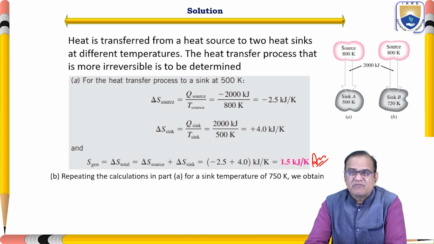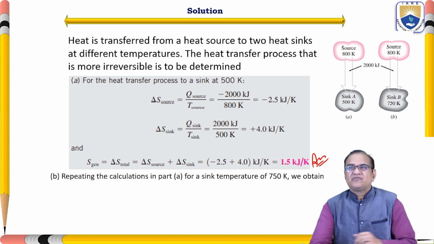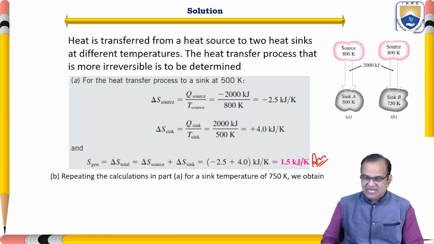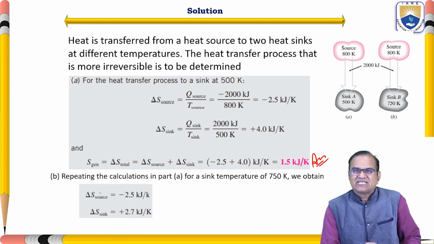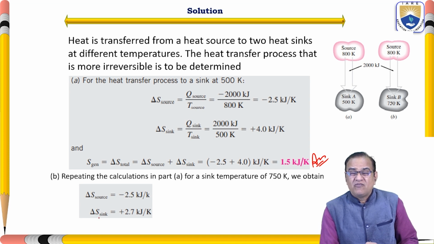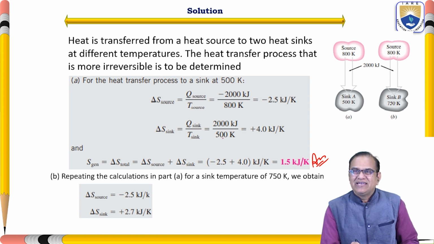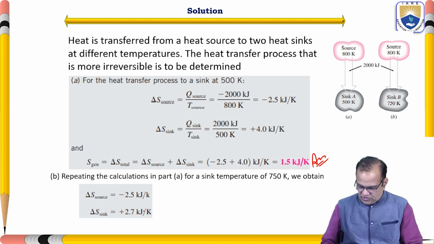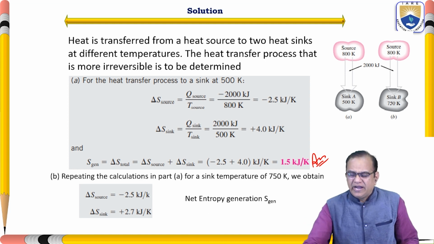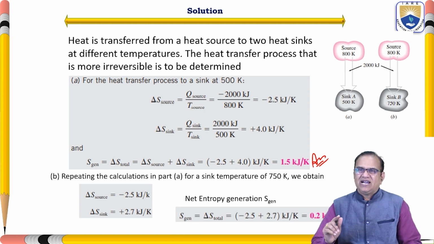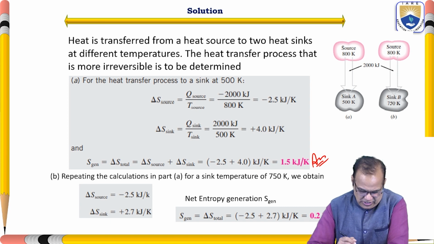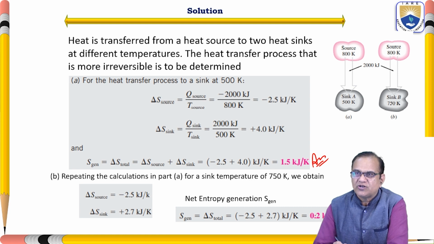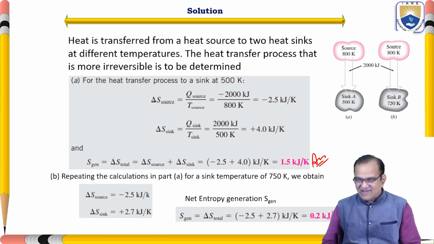Repeating the calculation in part A for a sink temperature of 750 K, we obtain delta S of the source equal to minus 2.5, and for the sink, if you divide by 750, you will get plus 2.7 kilojoule per Kelvin. So net entropy generation, delta S generation, is minus 2.5 plus 2.7, which is 0.2 kilojoule per Kelvin.